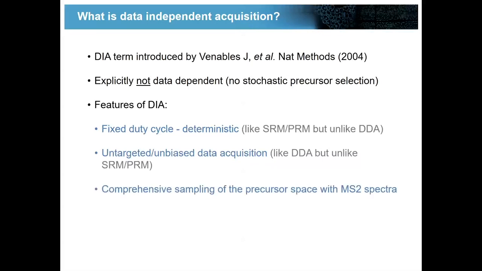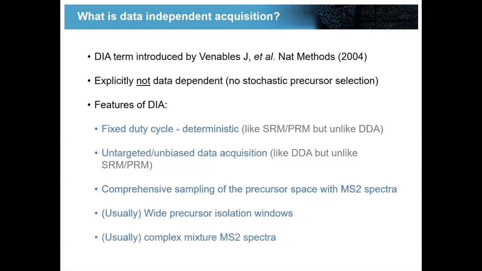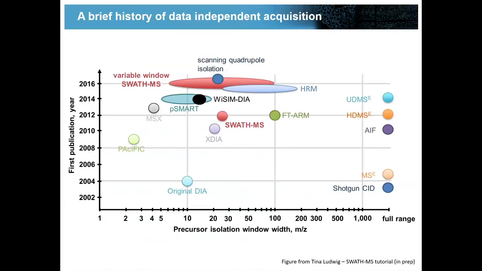We're usually trying to achieve some kind of comprehensive sampling of the precursor space with MS2 spectra, and the way that we achieve this is by using wide precursor isolation windows in the most common case. And the implication of this is that we usually end up having very complex mixture MS2 spectra. So we'll say what this means. But these are basically the features, and we can go over this at the end and see whether you agree with that or not.